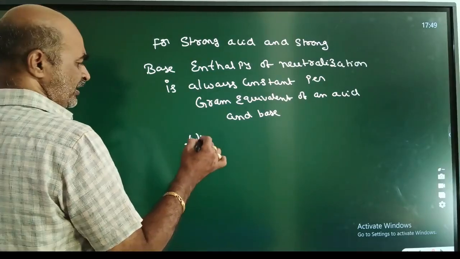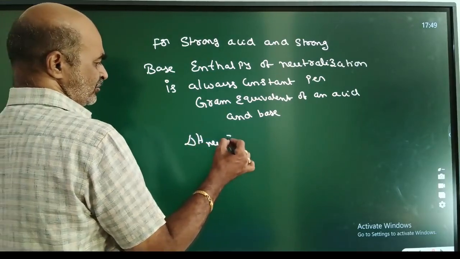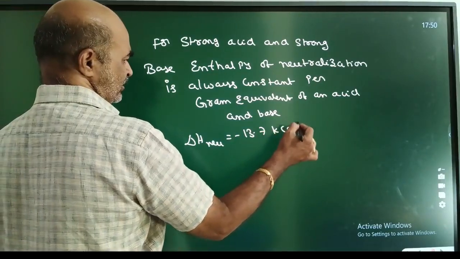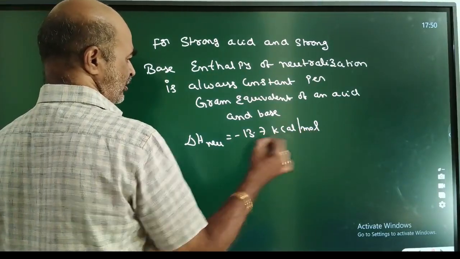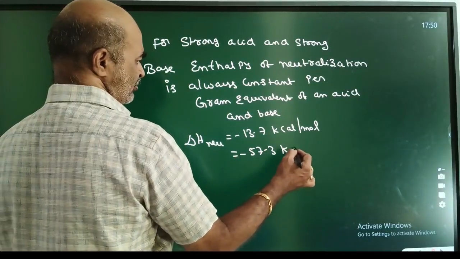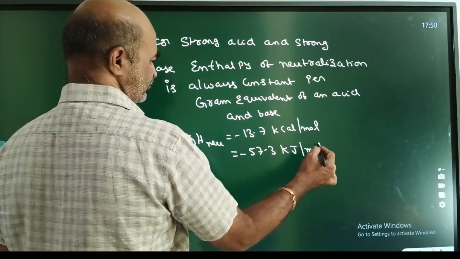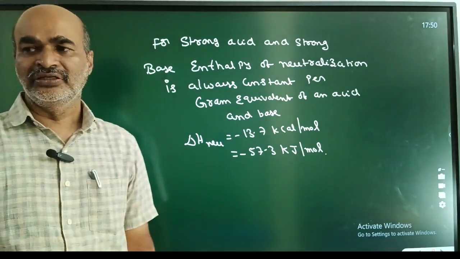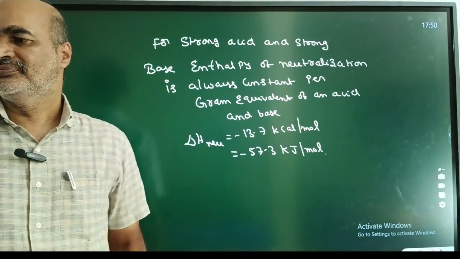This value, delta H neutralization, is equal to minus 13.7 kilocalories per mole, or minus 57.3 kilojoules per mole.